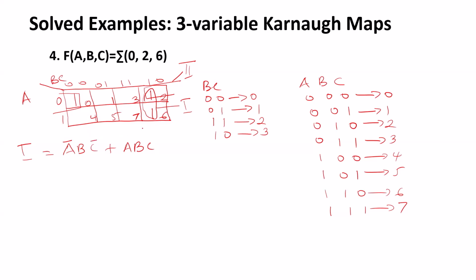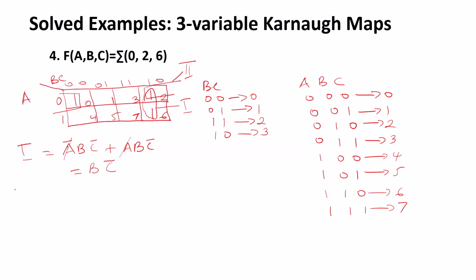Then the second one is A. A is 1, as you can see. B is 1 also, then C is also bar. So this gives us, we have A and A bar, so these cancel each other. We have B, C bar.